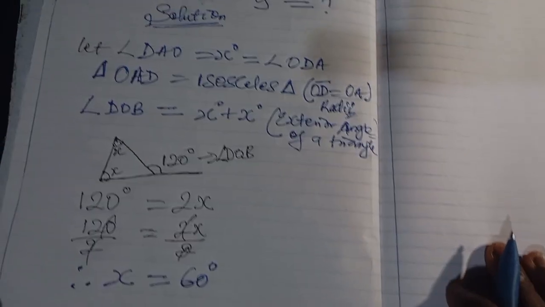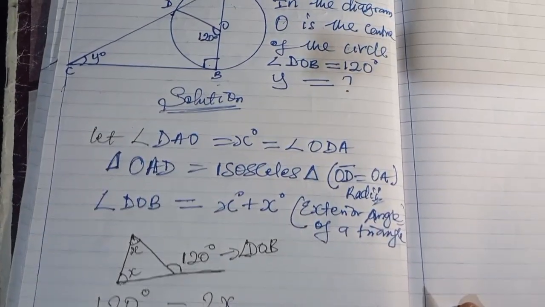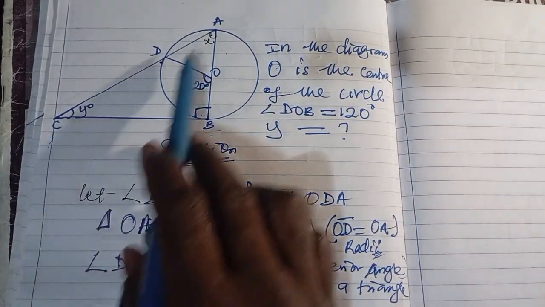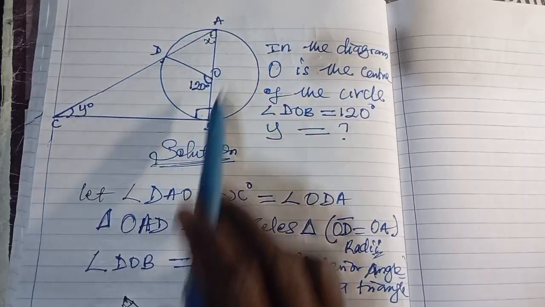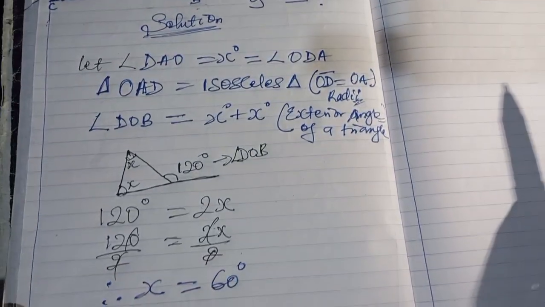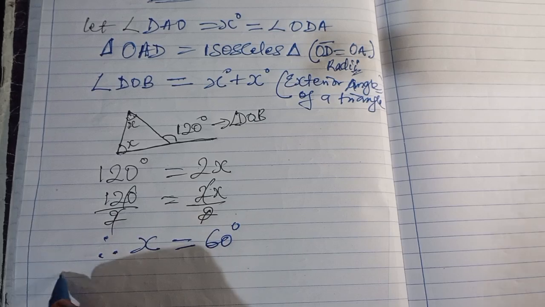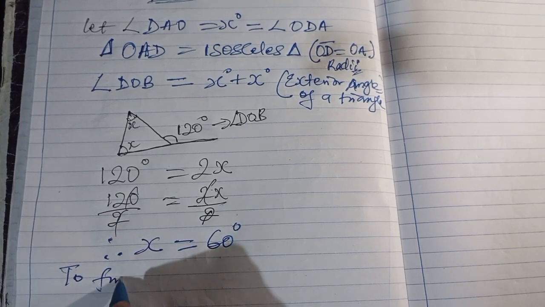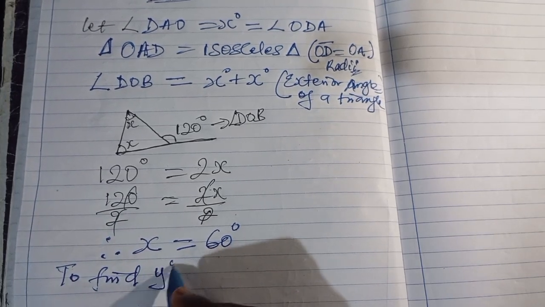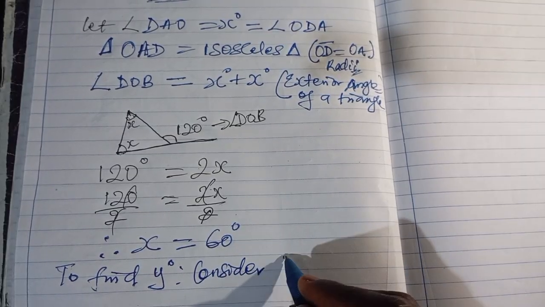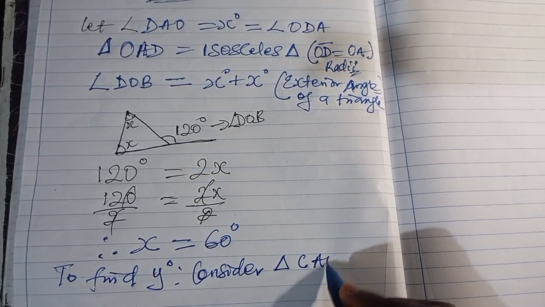Now, to find y, to calculate y, we are going to consider this bigger triangle, triangle CAB. So let's consider triangle CAB. To find y, consider triangle CAB.